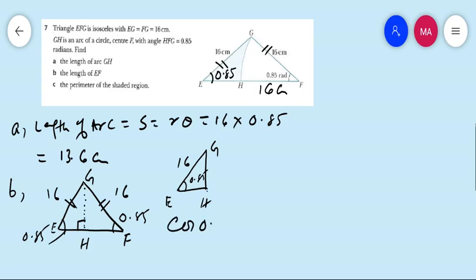Cos 0.85 is equal to adjacent EH upon hypotenuse 16. So EH is equal to 16 into cos 0.85. Answer is 10.55.